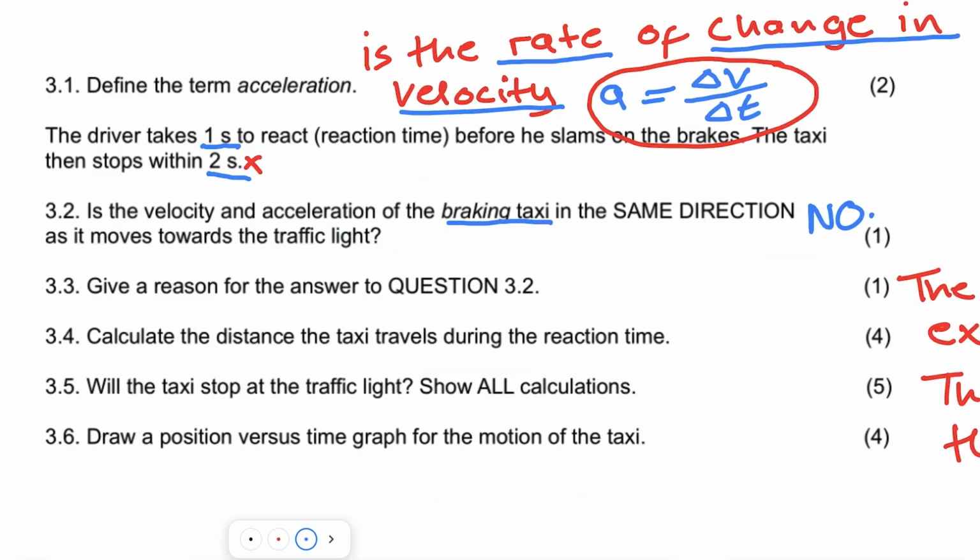Let's move on to the next question. Question 3.4 says, calculate the distance the taxi travels during the reaction time. Now, the reaction time was 1 second. So we need to know how far the taxi traveled for that 1 second. So let's calculate.